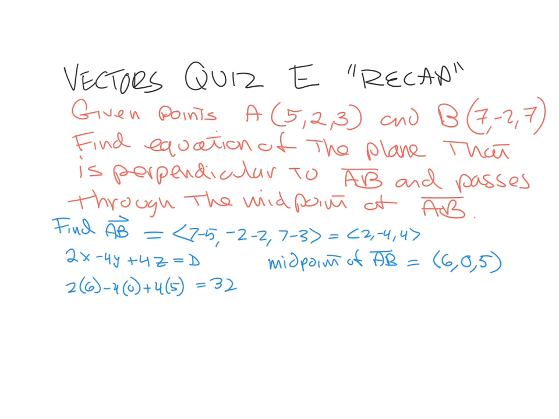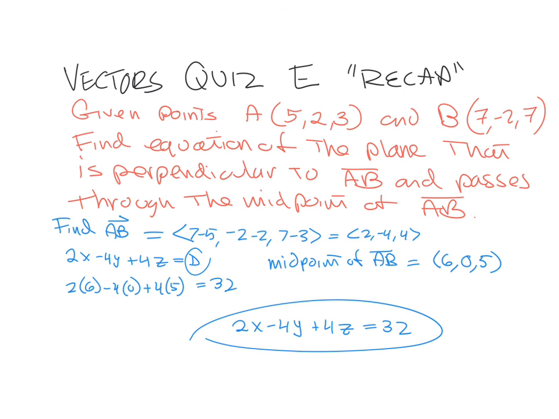That's 12 plus 20, 32. So finally, we now have a value for D. We can write the full equation for the plane that satisfies all these conditions. That's going to be 2x minus 4y plus 4z equals 32. And that's all there is to it.